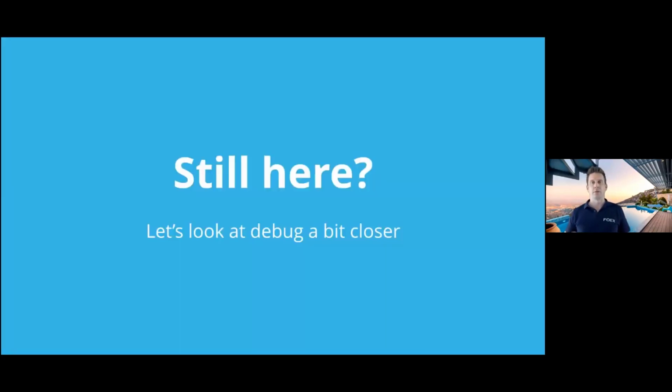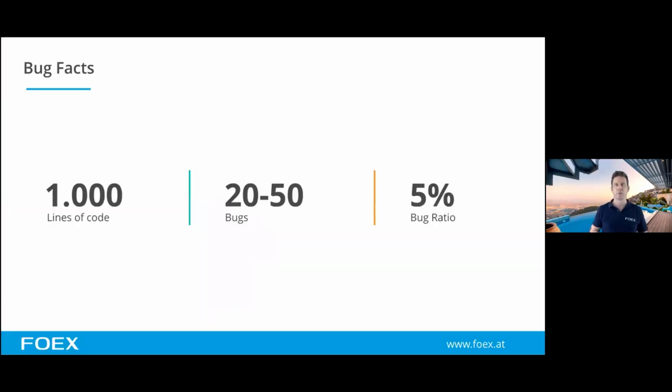So, of course, we could take a break now, but there is a bit more to find out. First off, if you think you are infallible, that might be true. It's not true for me. Statistically, there are 20 to 50 bugs per 1,000 lines of code.